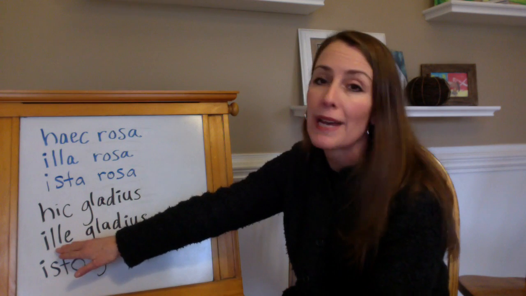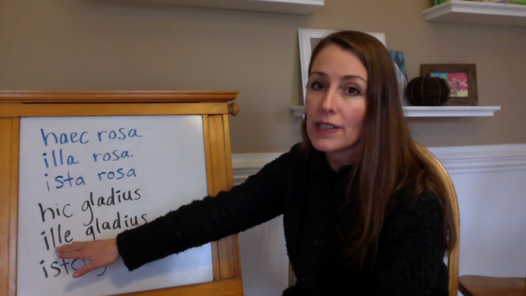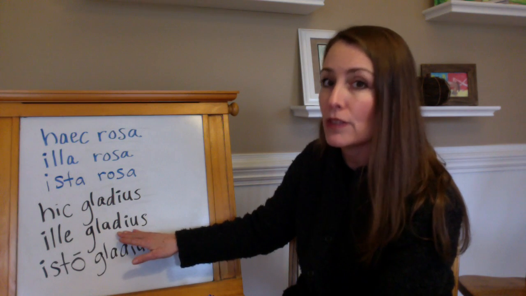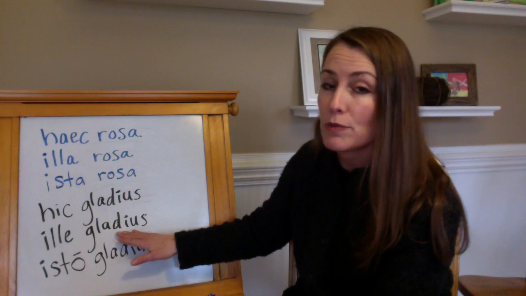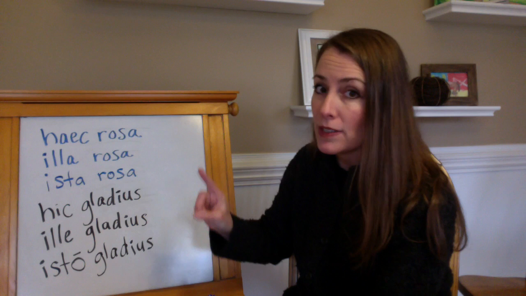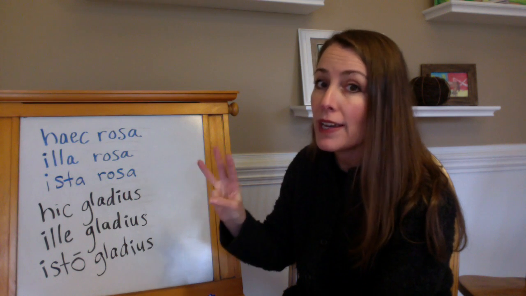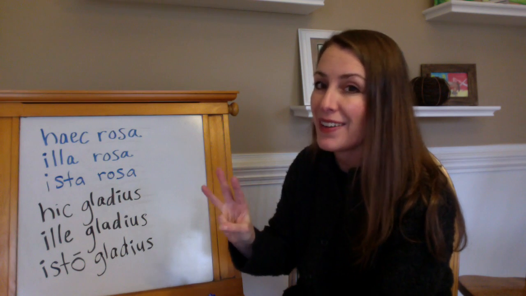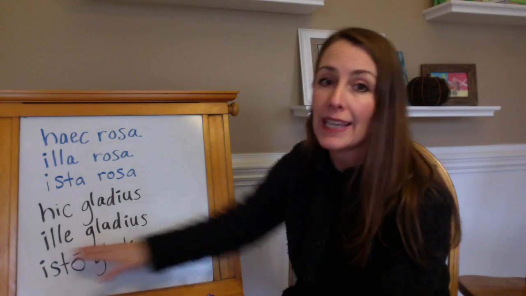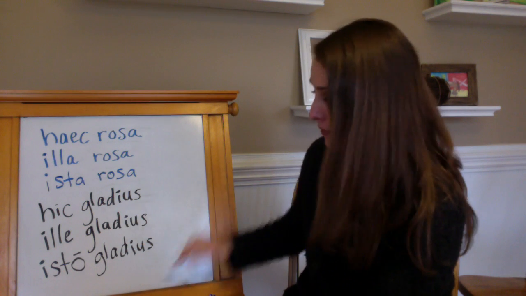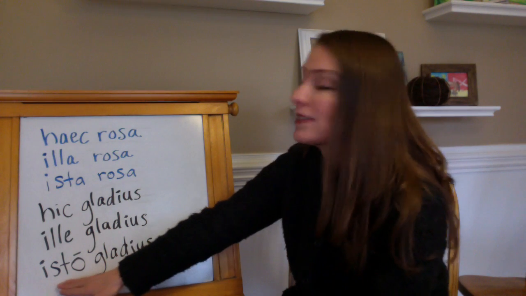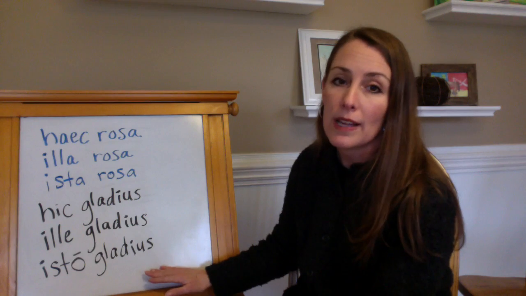I'm going to go to the masculine, singular, nominative, so I can match my masculine, singular, nominative noun. Because remember, your adjective matches the noun it modifies in gender, number, and case, right? Okay, so for that sword, I would say ille gladius. If I'm going to speak of that sword near you, I'm going to say isto gladius.